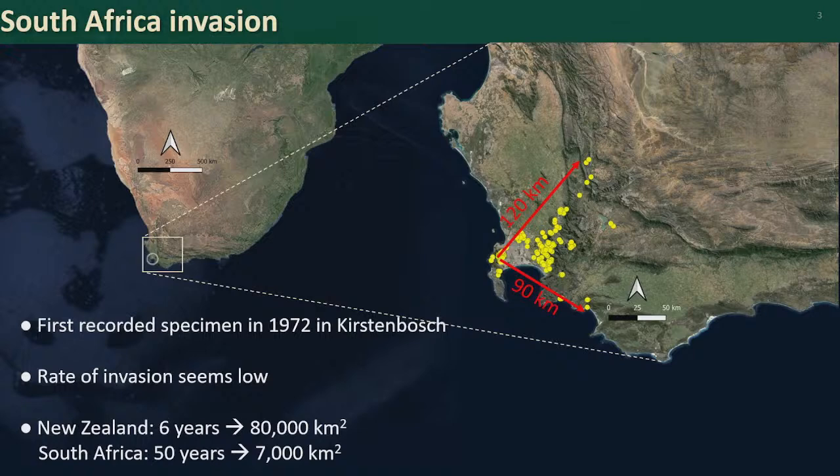However, what is really interesting is that the invasion seems low and limited compared to all other invaded regions. For example, in New Zealand, in 6 years since the first introduction, the species has invaded 80,000 square kilometers and is present on both islands of New Zealand. And in South Africa, in 50 years, the species has invaded only 7,000 square kilometers.